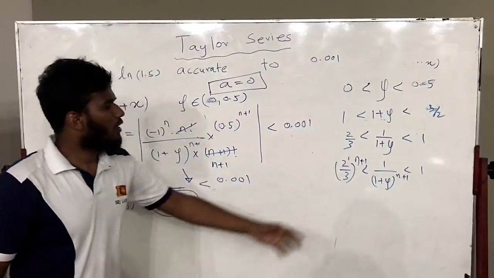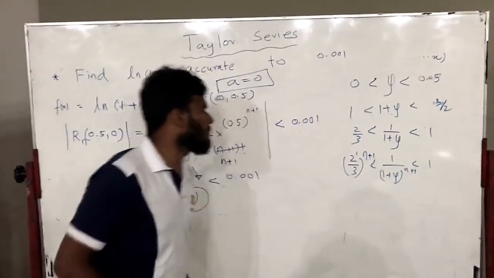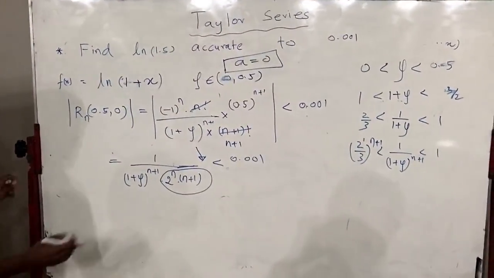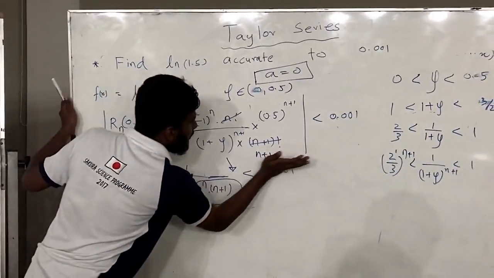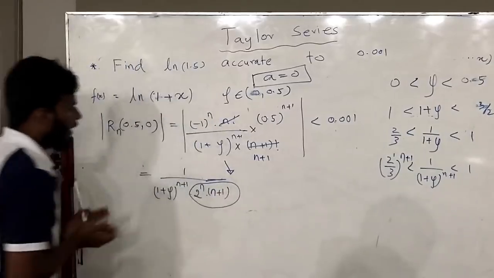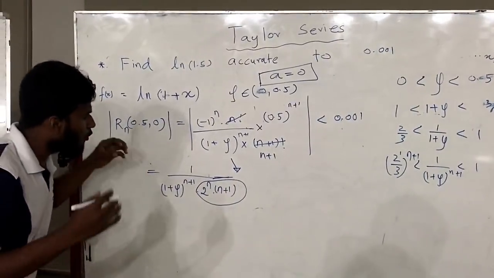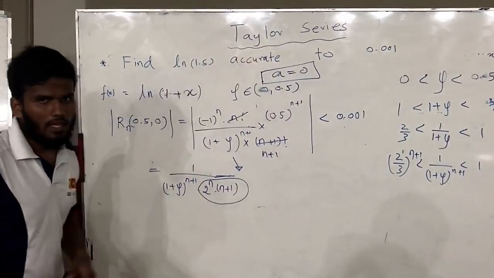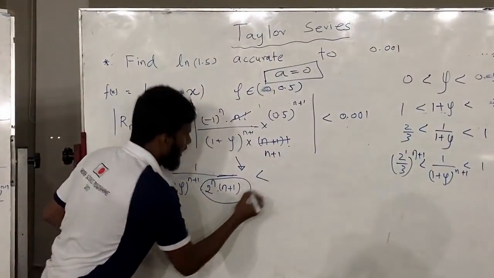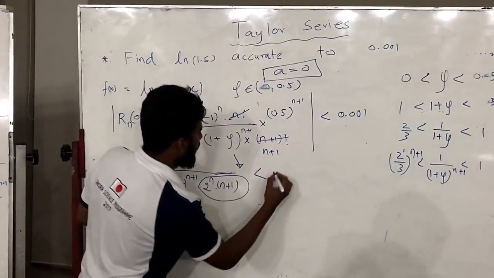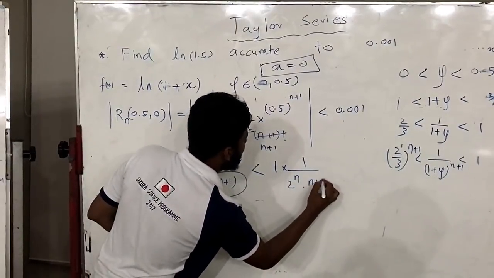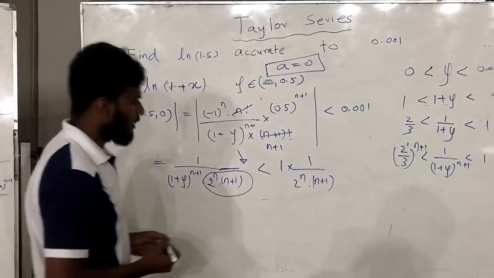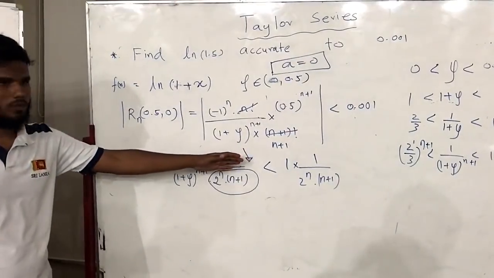We got an upper bound here. So for all values of zeta in this range, this is less than 1 into 1 over 2 to the power n into n plus 1.